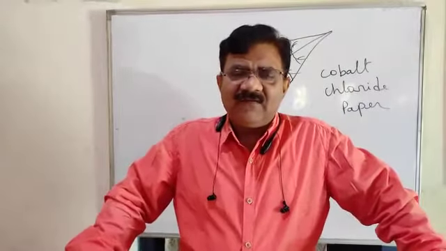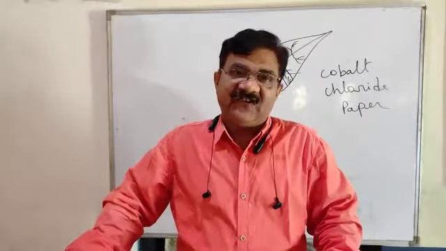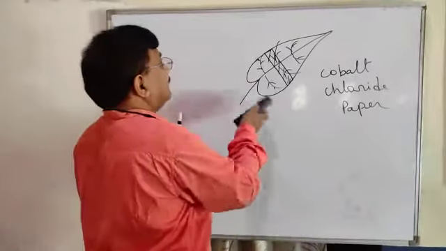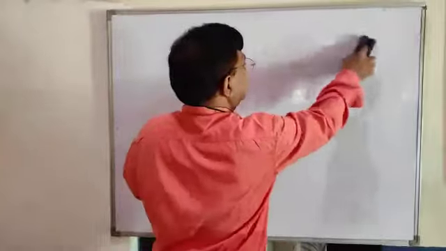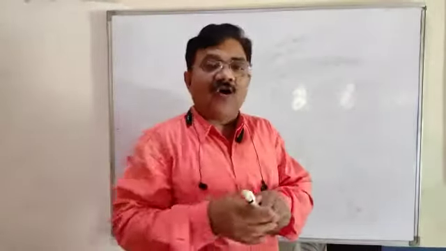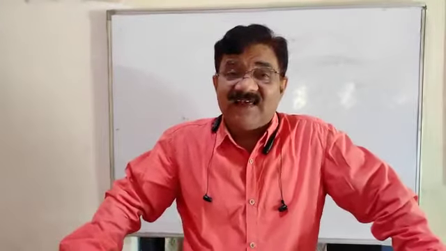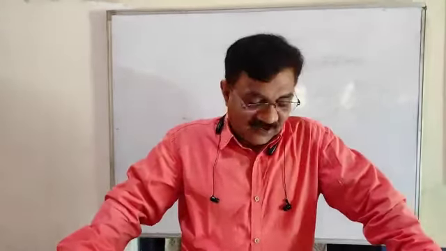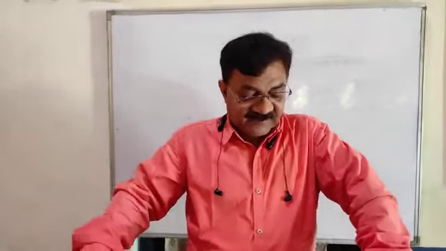Now we have discussed cuticular transpiration, and I have told you that cuticle is a waxy layer on both surfaces of the leaves. Cuticle is a transparent waxy layer on both surfaces of the leaves, and actually the cuticle is there to prevent transpiration, but some part of water is lost through the cuticle also, and that transpiration is called cuticular transpiration.